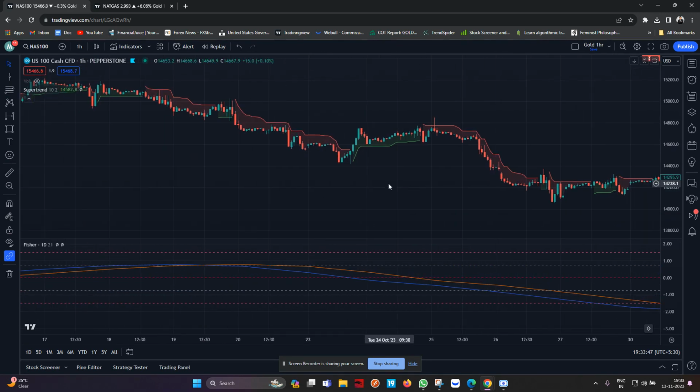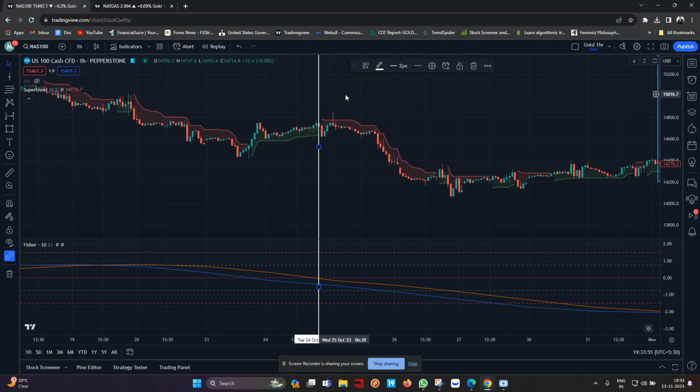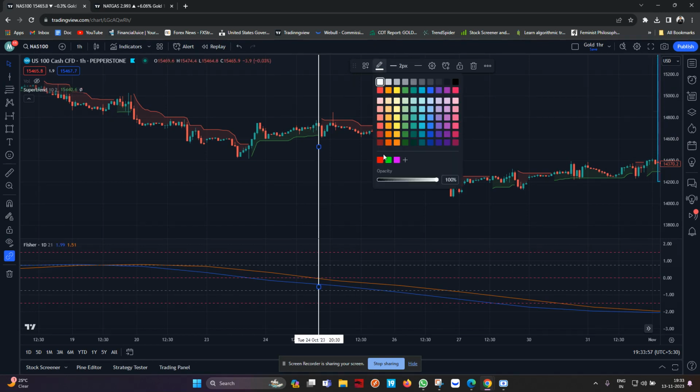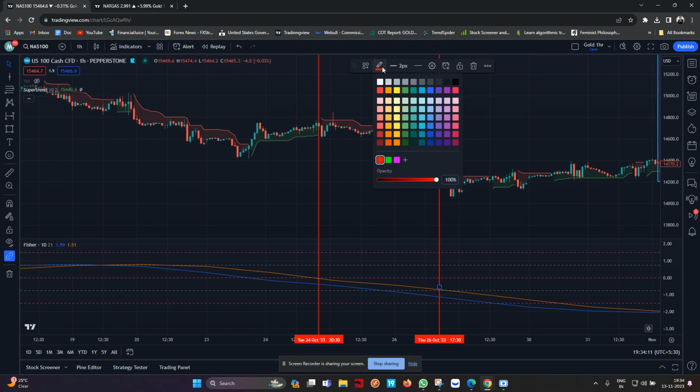We can also look at a short signal like this one. This is a pretty evident signal on the Supertrend, as well as Fisher. Fisher has been bearish for a long period, and we get a Supertrend signal, and we just trade. We just close this here.